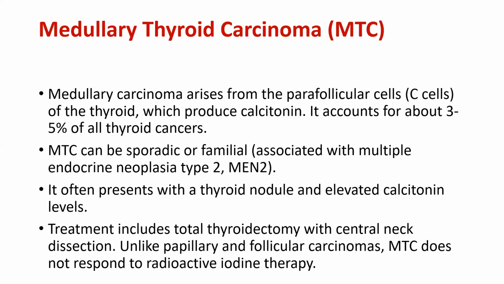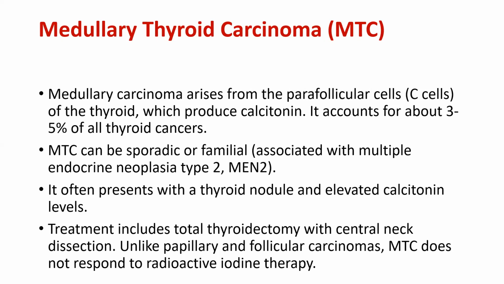Another one is called medullary thyroid carcinoma. It accounts for only 5% of all thyroid cancer. It's the one arising from parafollicular cells. Remember, the last two were arising from follicular, but this one is from parafollicular cells.